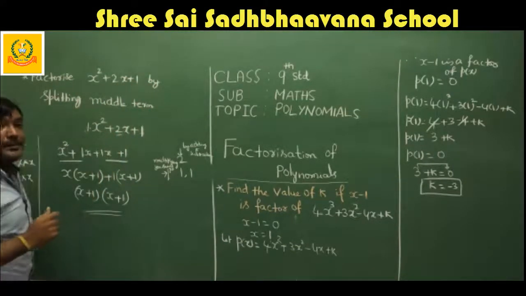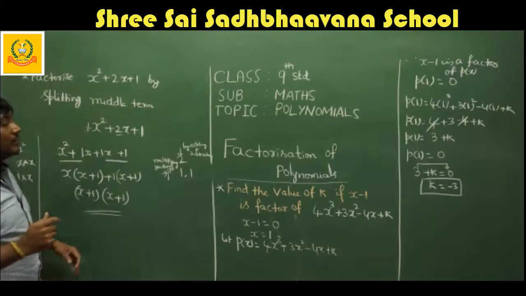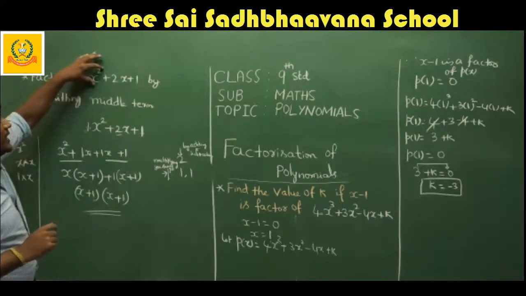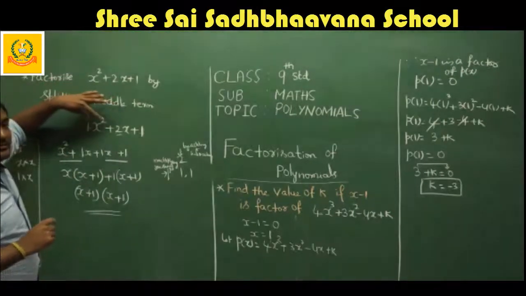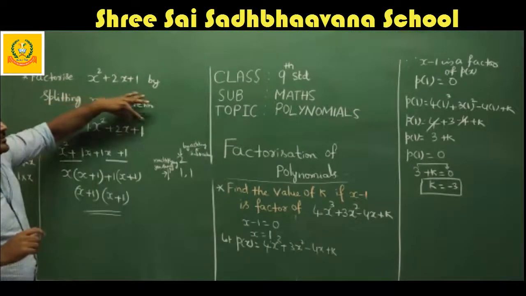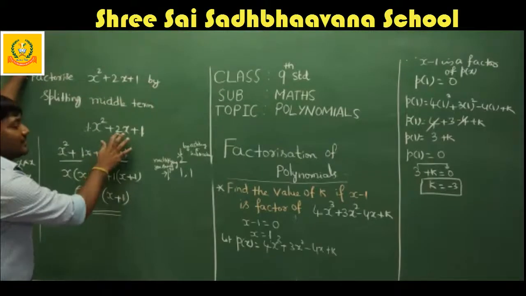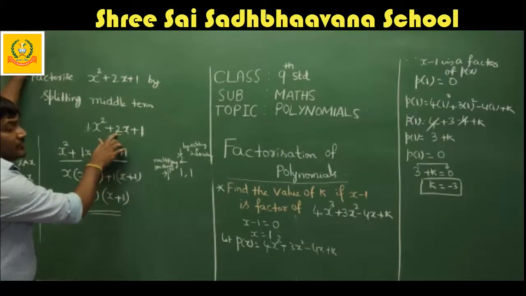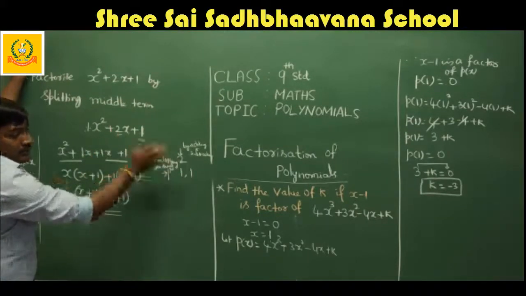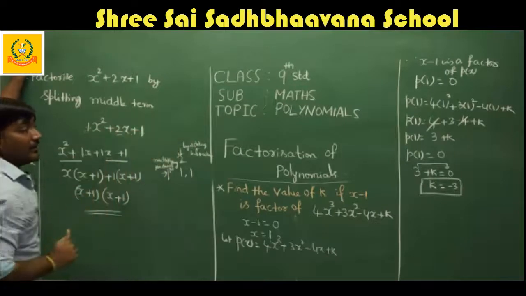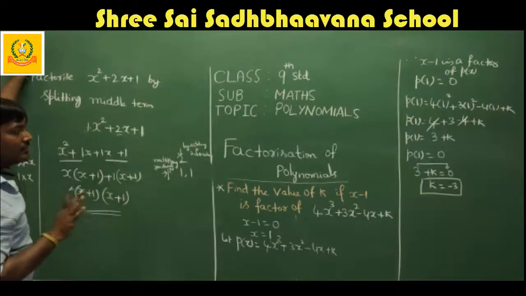This is of the same type as what we did last. So first you write the polynomial which we have to factorize, x square plus 2x plus 1. Now what is the middle term? The middle term is the coefficient of x, which is 2 here.